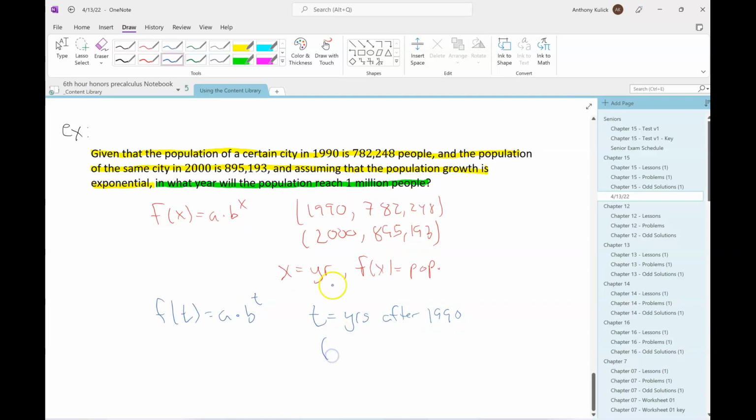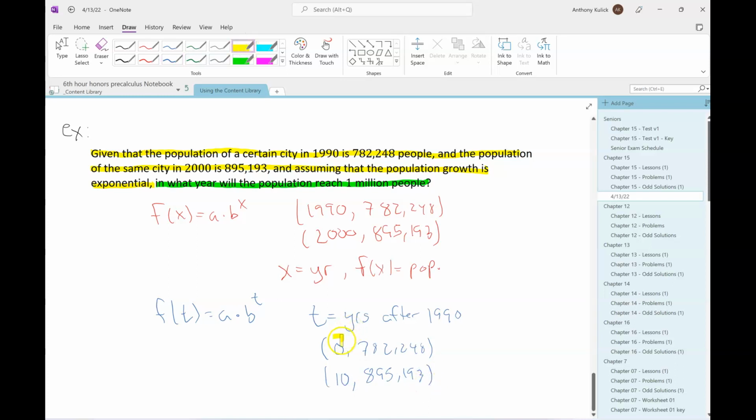So when I do that, the first point becomes 0, 782,248. And the second point would become 10, 895,193.